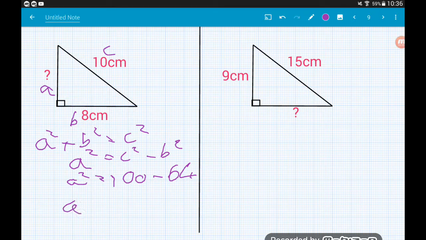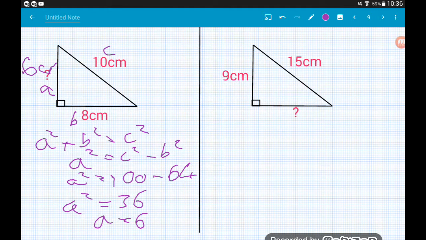So here we get A squared equals 36, and then if we square root, A is equal to 6. So the length of A on this triangle is 6 centimeters.